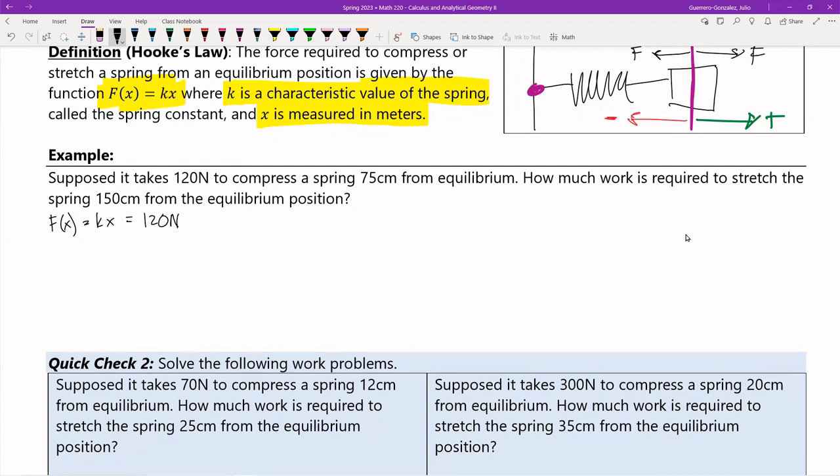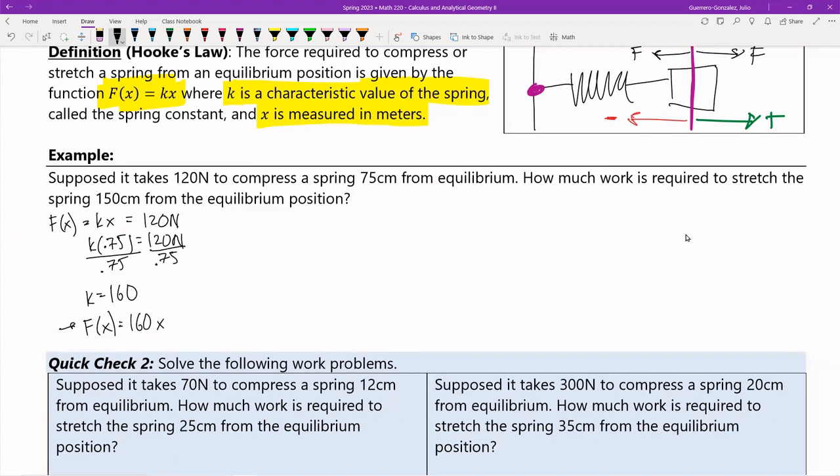So K times 0.75 is equal to 120 newtons. If we divide by 0.75, our K is going to be equal to 160. That means the force on our spring is going to be some 160 times X, depending on how far we move X.